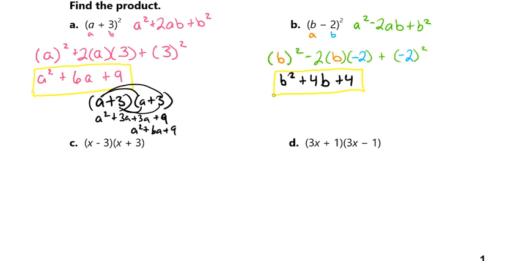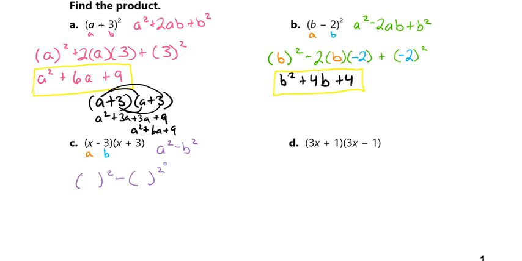Letter C says x minus 3 times x plus 3, and that's kind of like our first one, where it came out as a squared minus b squared. So we're going to let this be our a, and we're going to let 3 be our b. So we're going to have a squared minus b squared.